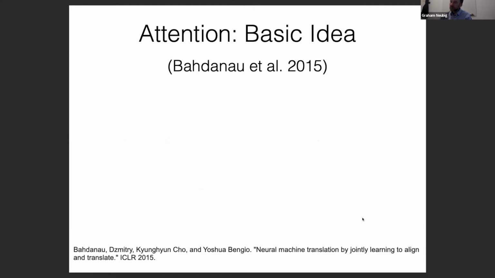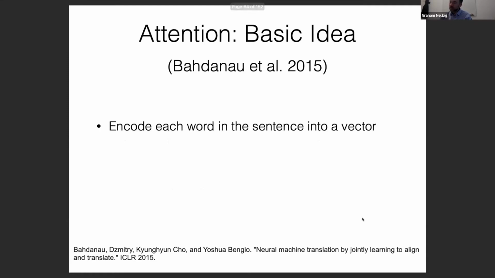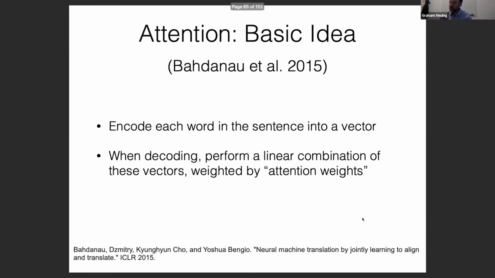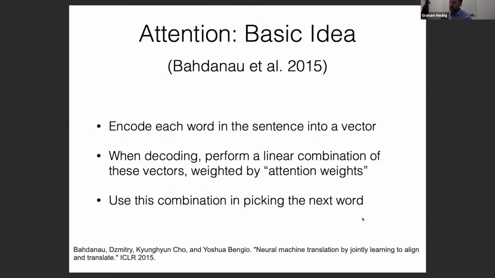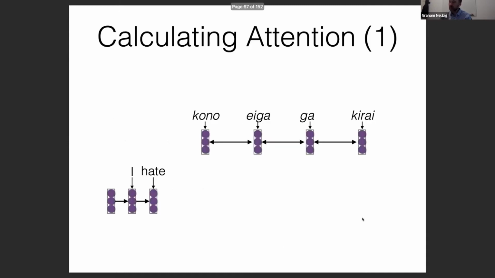The basic idea behind attention is that we encode each word in the sentence into a single vector. And when decoding, we perform a linear combination of these vectors weighted by attention weights, and we use this combination from the vectors in picking the next word.